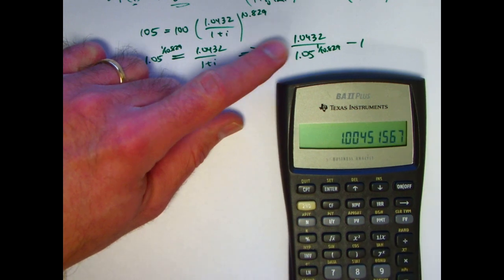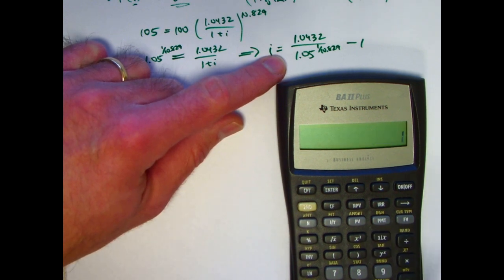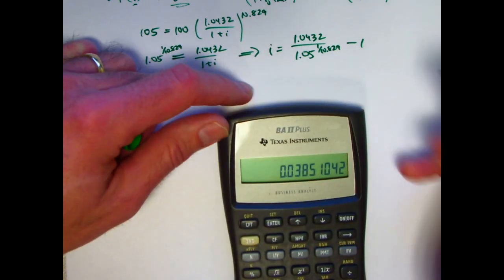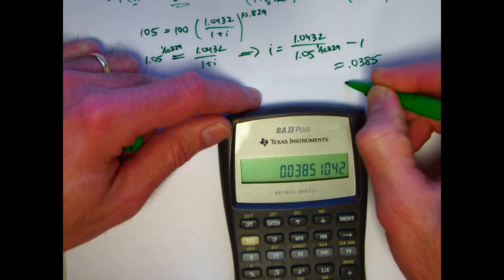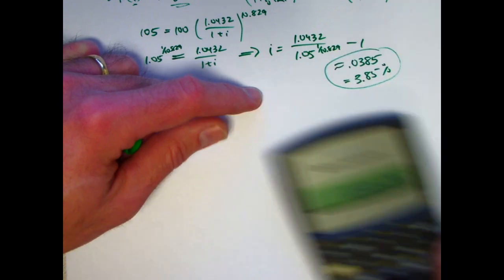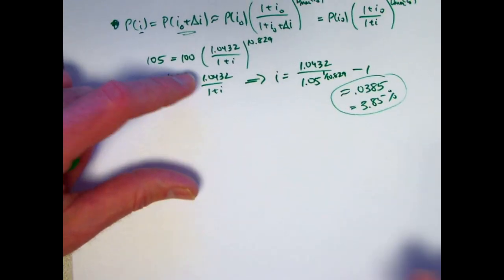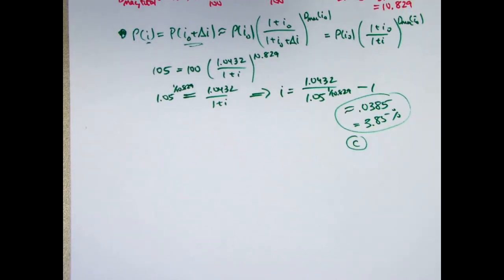There we go. That's the denominator of the fraction. I need to divide by that so I can take its reciprocal and multiply times 1.0432 and then subtract 1. And I is about 0.0385, 3.85%. And that is one of the options for the answers in the sample exam. It's option C, and it is the correct answer to this problem here.